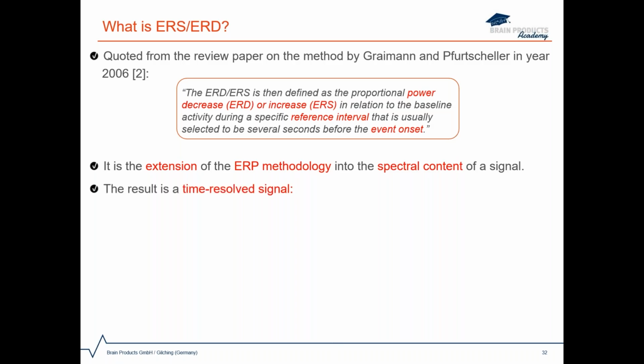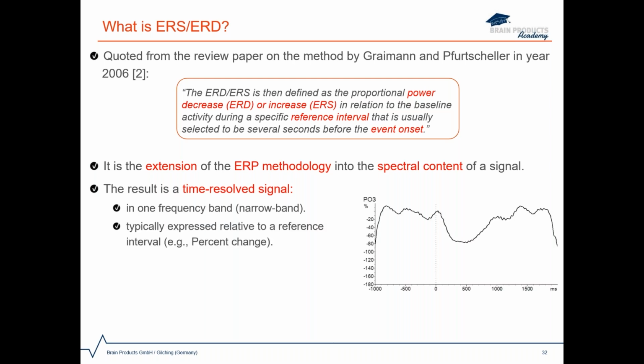The result of ERS-ERD is a time-resolved instantaneous band power of a specific frequency band, which means that we keep time resolution, however, to the cost of being constrained to a specific frequency range.